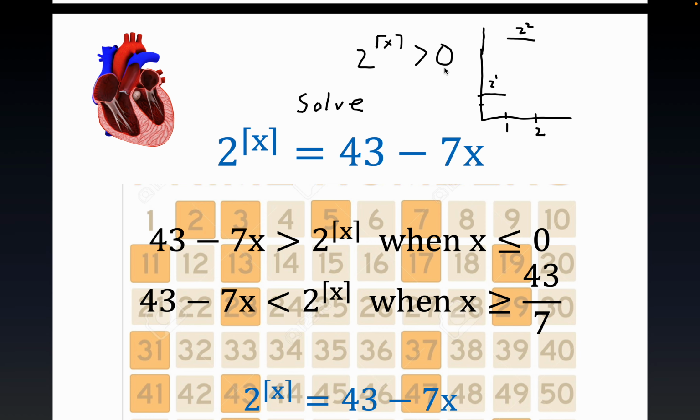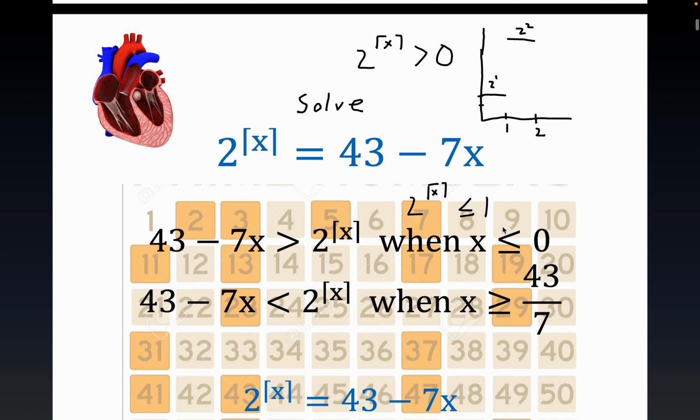Okay? So, and this is important right here. 2 to the ceiling of x. And you guys can verify, I don't want to waste too much time. It's fairly straightforward to verify that this is less than or equal to 1 whenever, because you just have powers of 1, 2 to the first, 2 to the 0, which is 1, 2 to the minus 1, which is 1/2, 2 to the minus 2, and so on.